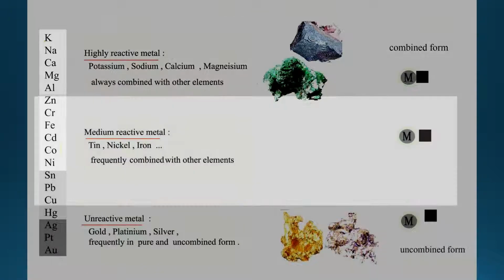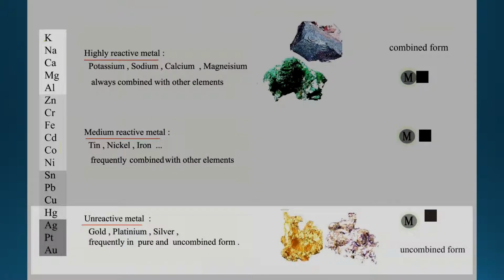On the lower group, they will be easier to extract. And when you're on the bottom group, you start to see them in an uncombined form. That's why you will find naturally occurring pure silver nuggets and pure gold nuggets in uncombined form.